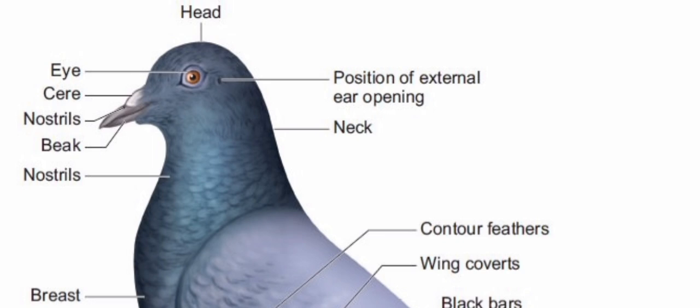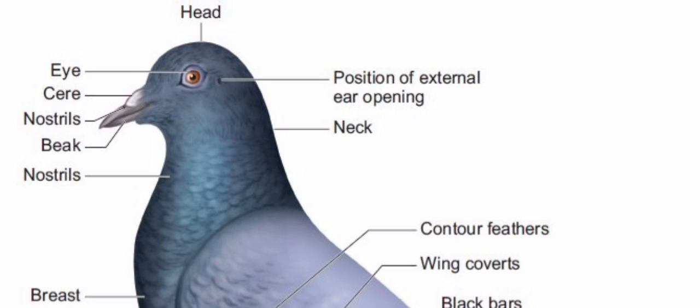Okay, it has a beak, and the beak is present anteriorly and is formed by the elongation of the upper and lower jaw. They are devoid of teeth. At the base of the beak, we have the external nostrils, which are overhung by a swollen, sensitive, soft skin, which is called cere.